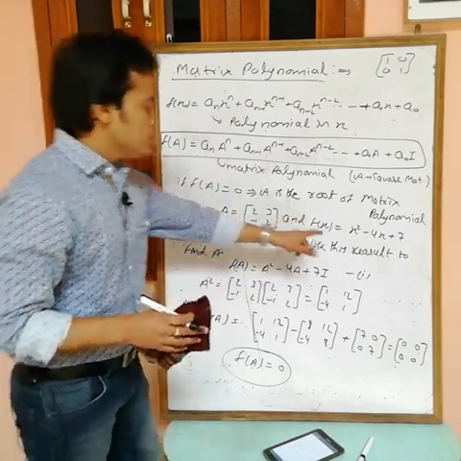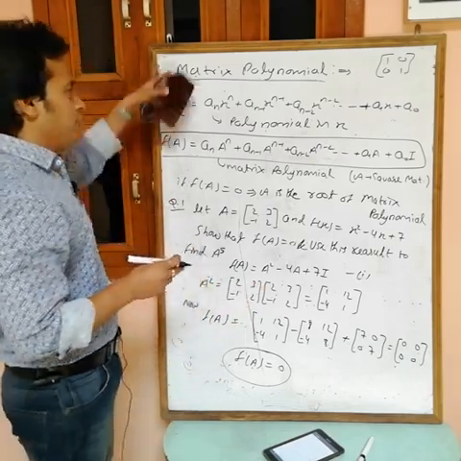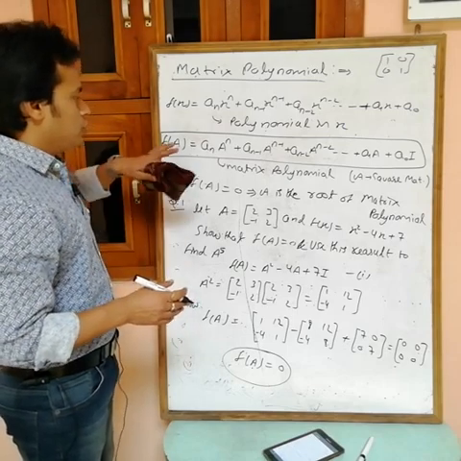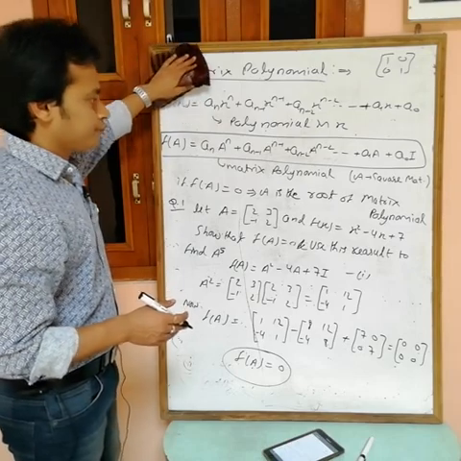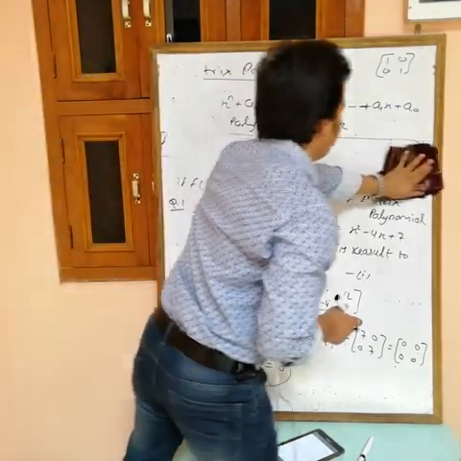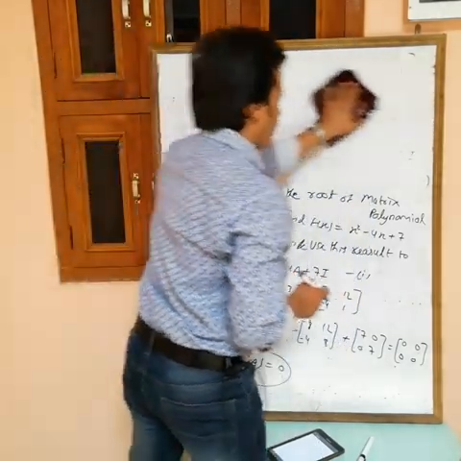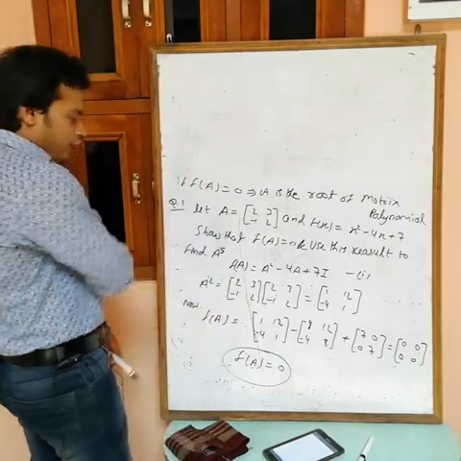Now use this result to find A to the power 5. How to use it? Write it down first. The result is f(A) equals 0.